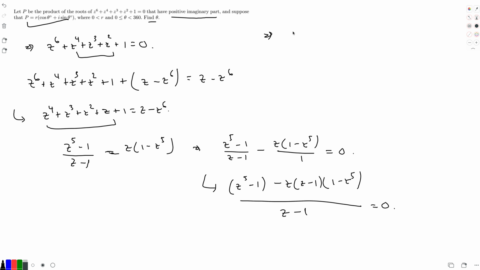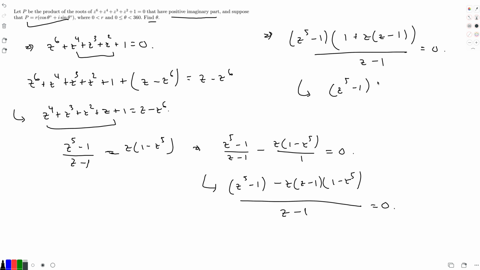Factoring out a z to the 5th minus 1, we get 1, and then this becomes a negative 1 that combines with this negative 1 to become a positive 1. So 1 plus z times z minus 1 over z minus 1. And now this is probably very familiar territory. This is just z to the 5th minus 1 over z minus 1 times z squared minus z plus 1, and this is equal to 0.